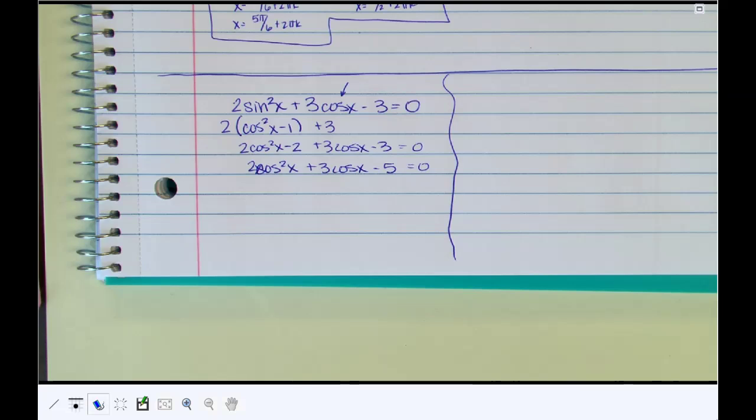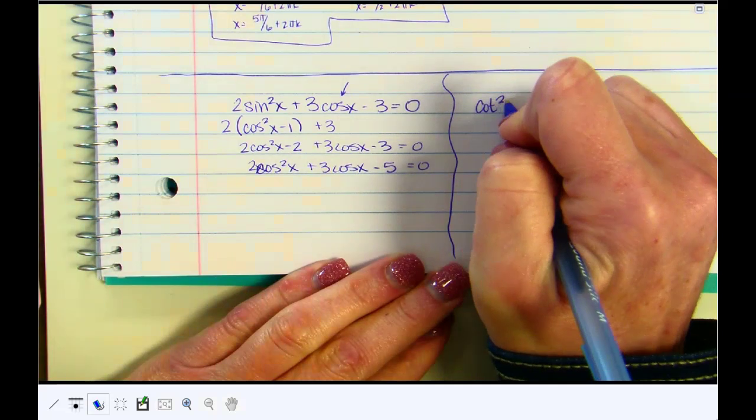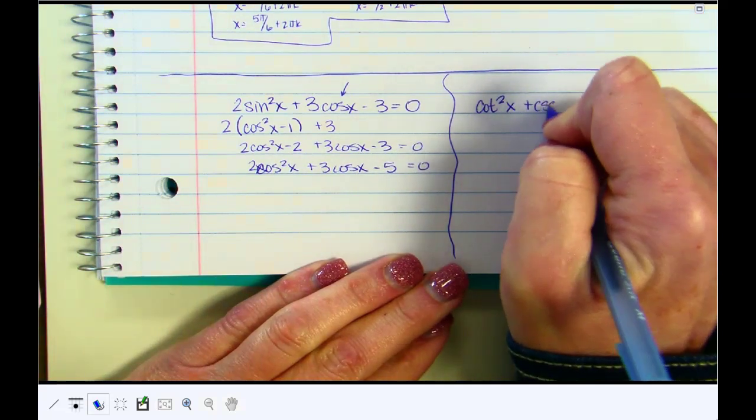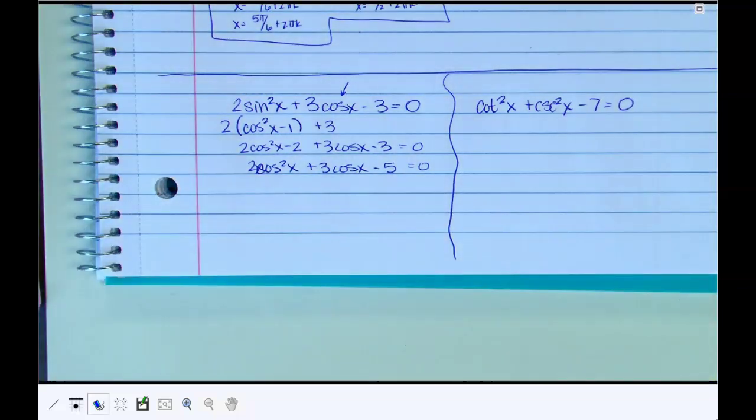So let's say we have cotangent squared x plus cosecant squared x minus 7 equals 0. Okay, so just the switching part of it. Javon, why the frown? I know I'm guessing what you're thinking, but tell me what. Yeah, it is.